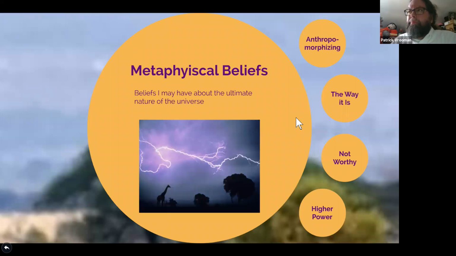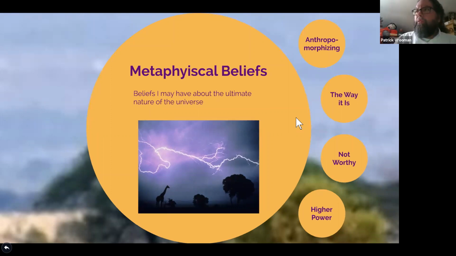And sometimes, well, let's look at this. The list of things around the outside of this circle here, the anthropomorphizing, the way it is, the not worthy, the higher power, these are different kinds of metaphysical beliefs. These are different ways that people deal with their belief about how the universe works, okay?